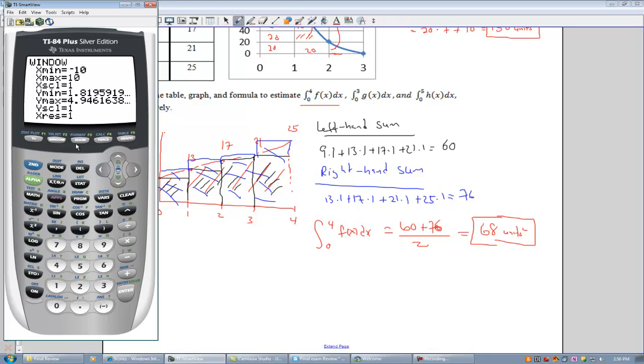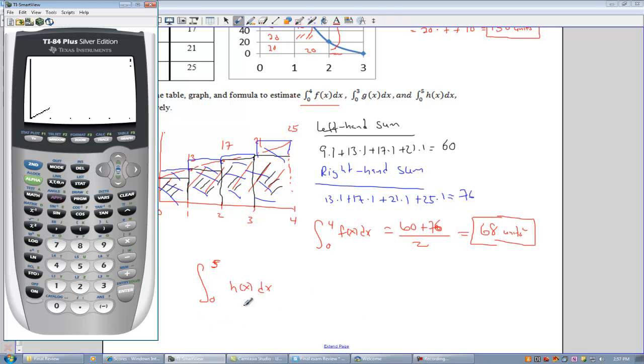I'd make my window, and since I'm trying to find the integral from 0 to 5, h of x dx, I want to set my window from 0 to 5. So I do from 0, enter, 5, enter, zoom fit.